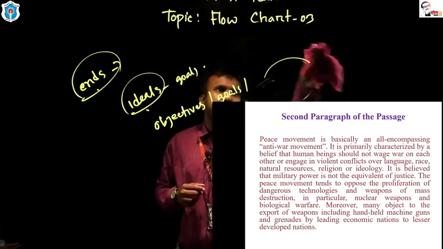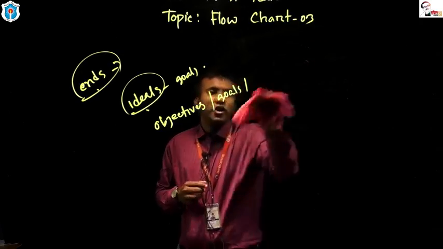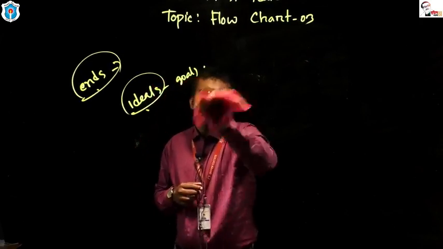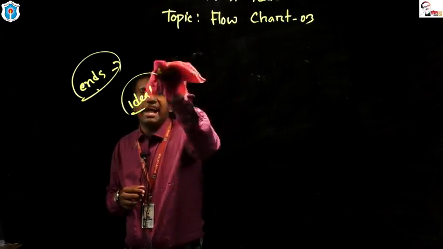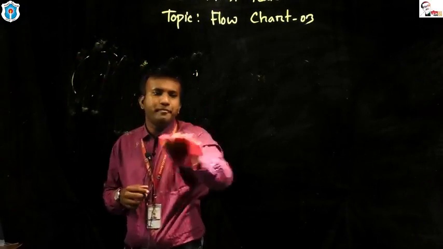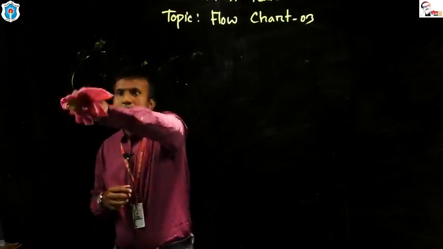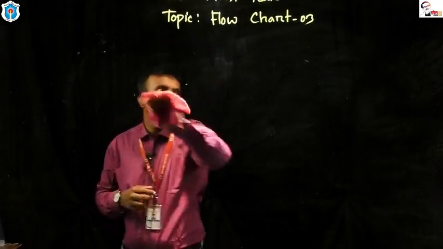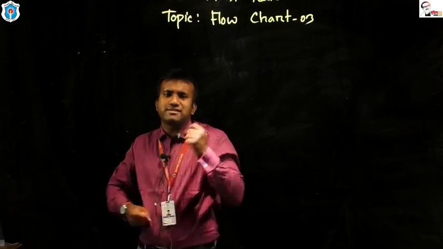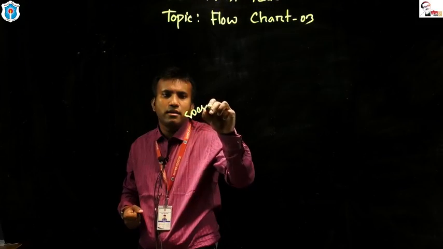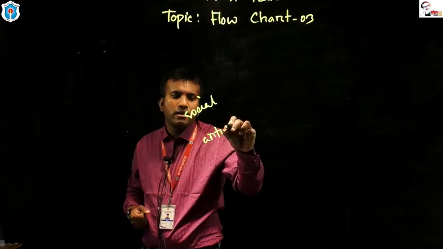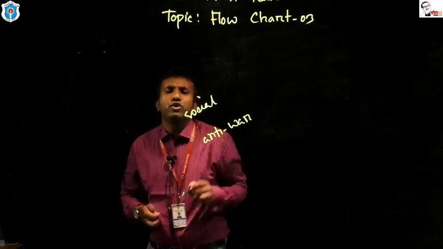So up to this part, we have got that a peace movement is a social movement. We have got that a peace movement is an anti-war movement. So I can say a peace movement is a social as well as anti-war movement.